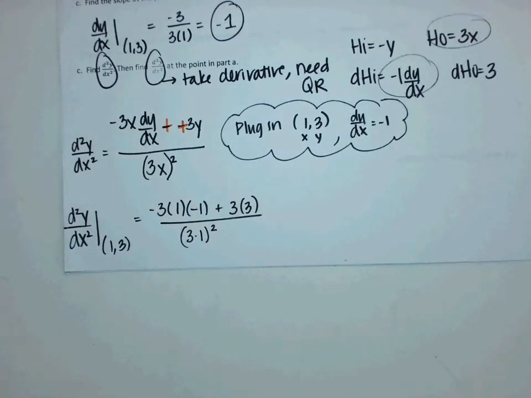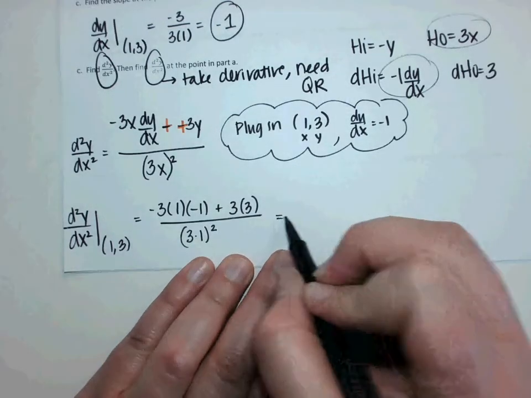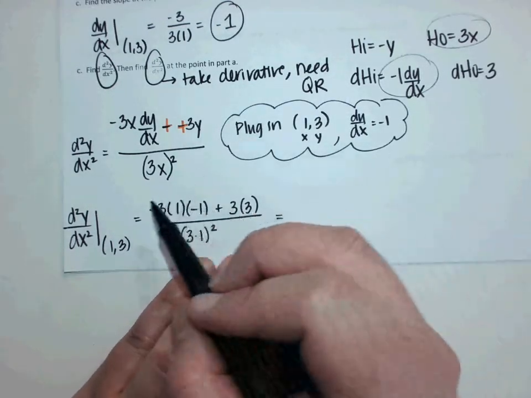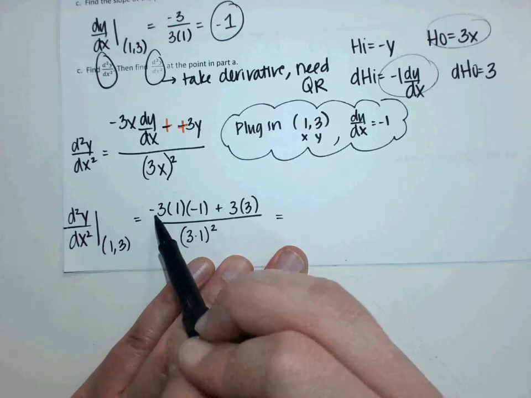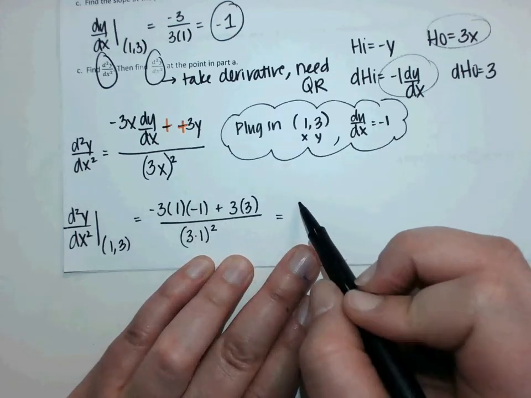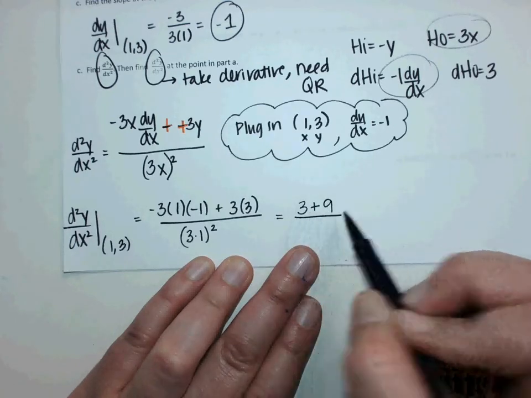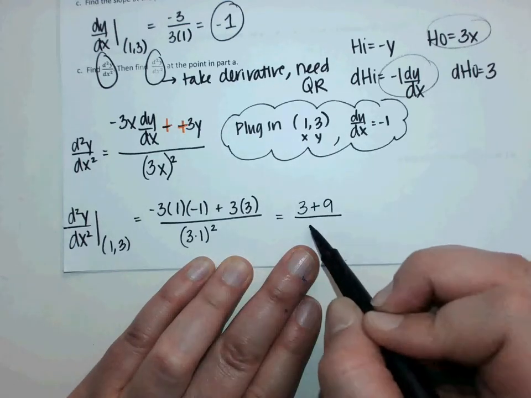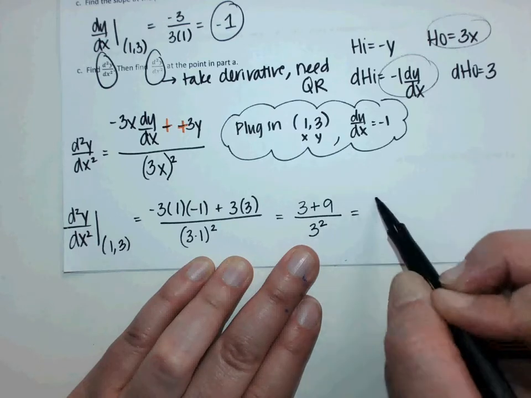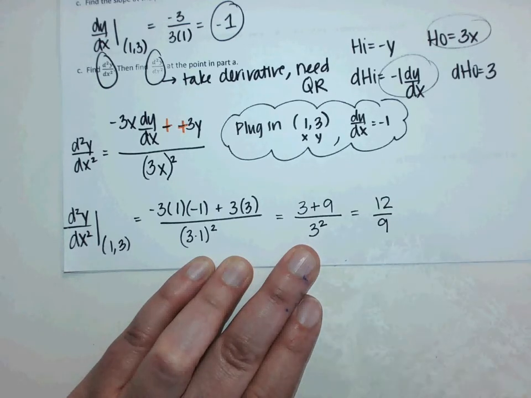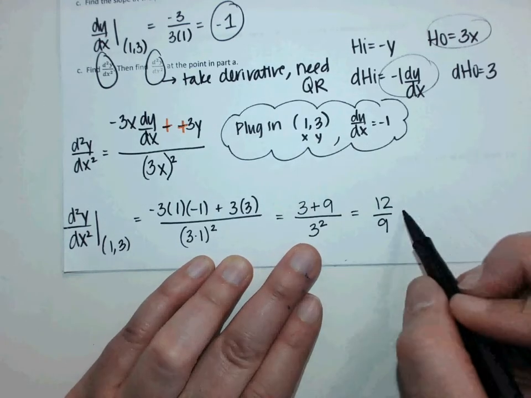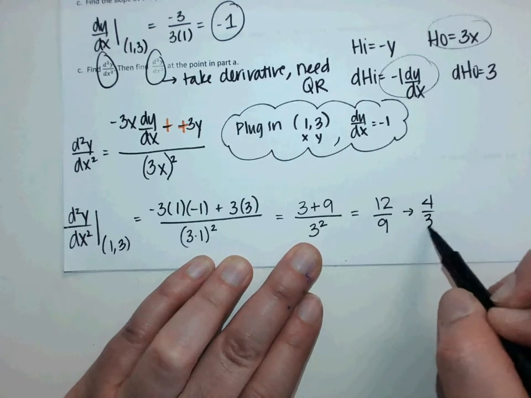So on top, negative 3 times negative 1, what do we get? Negative first, and then, well, positive. Yeah, it'll turn positive, right? And then 3 times 3, there's a 9. 3 times 1 is 3 squared. So I get 12 over 9. Can that reduce? To 4/3.